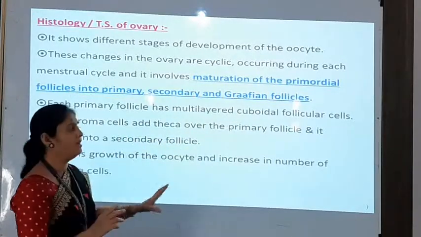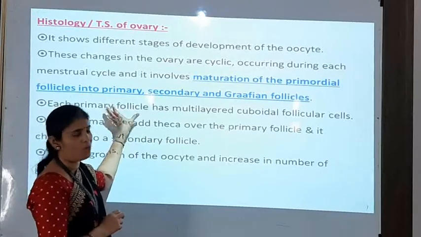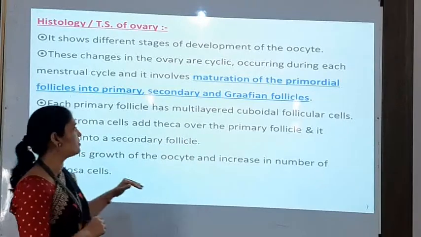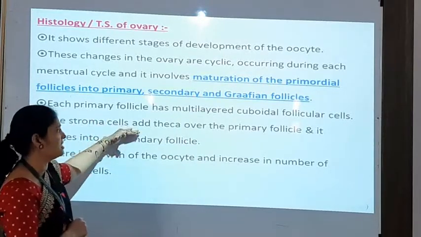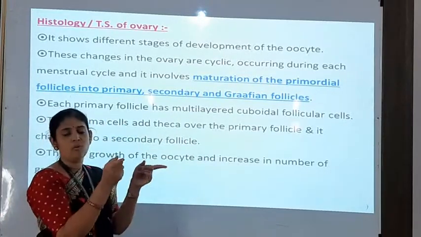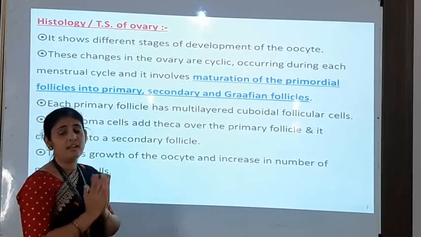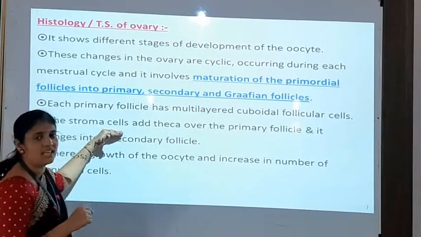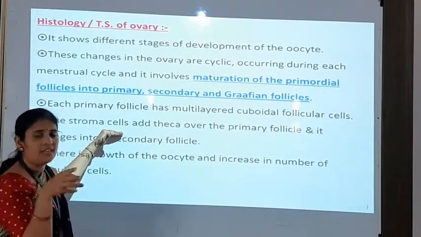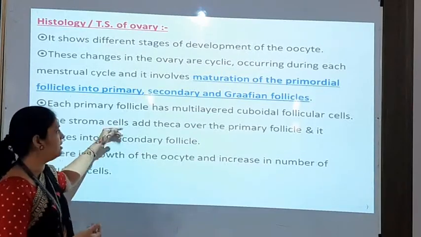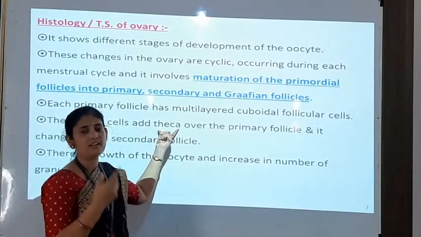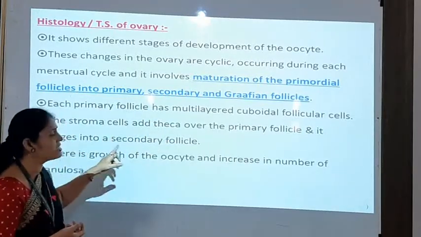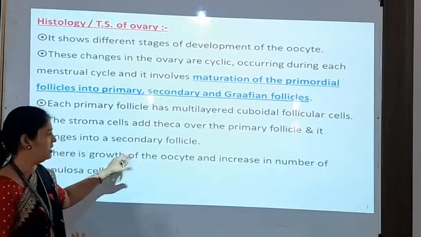The stroma cells present in the ovary form a layer around the follicle called the theca, and then these primary follicles are converted into secondary follicles.